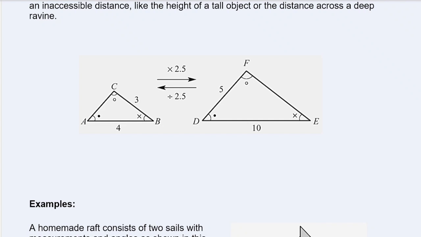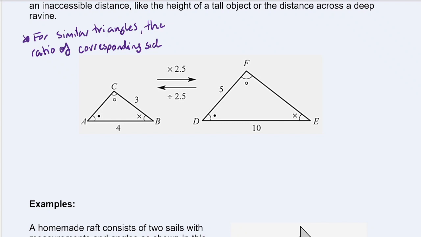So remembering that for similar triangles, we need the ratio of corresponding sides. So the ratio of corresponding sides becomes the scale factor.